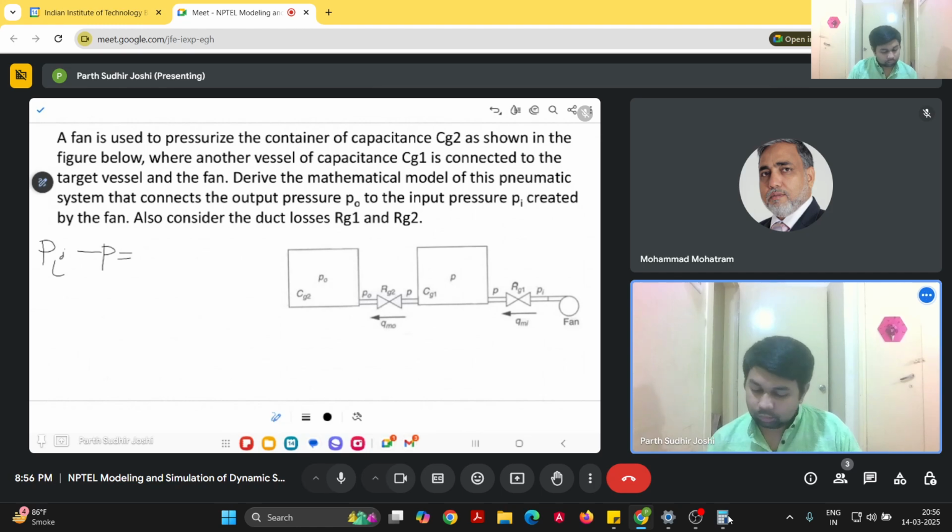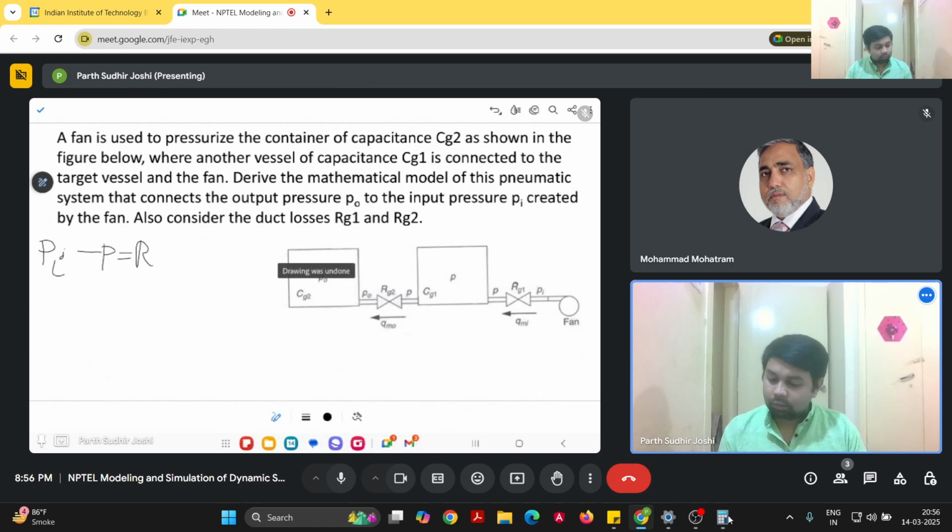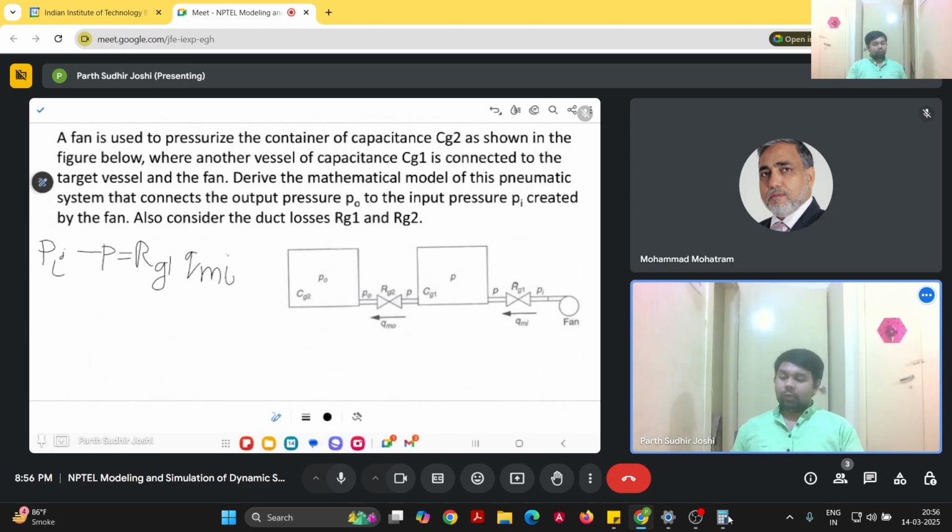So that will be RG1 into QMI. That is the expression for the pneumatic resistance RG1.